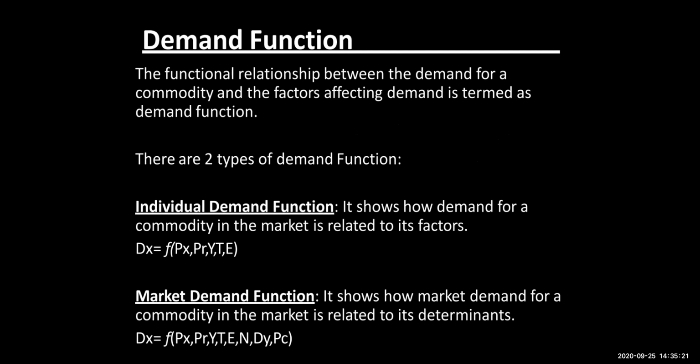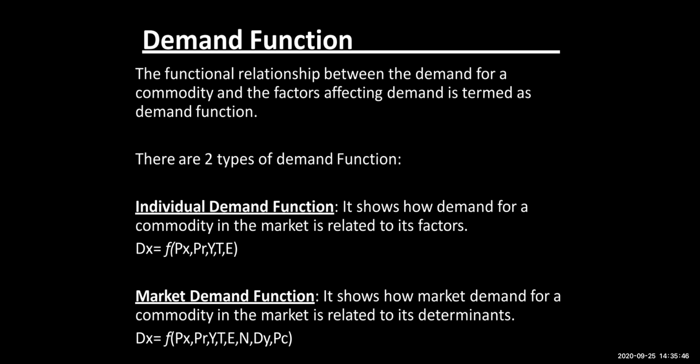There are two types of demand functions. One, individual demand function, which shows how demand for a particular commodity in the market is related to its factors. Let's say, for example, there is person A, B, C, and that person is demanding 10 pens if the price of a pen is 5 rupees.